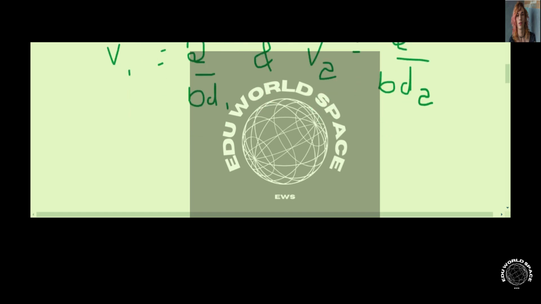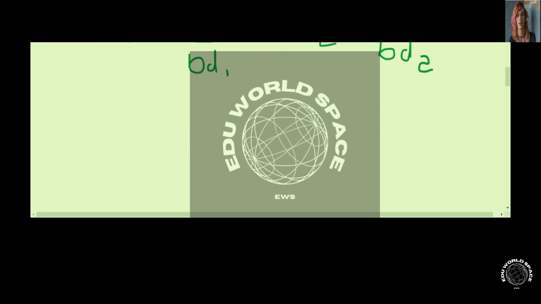The resultant pressure force is written as P is equal to rho g d. The standard equation is rho g h. Here we are considering height as a symbol d. That's why we have written rho g d.